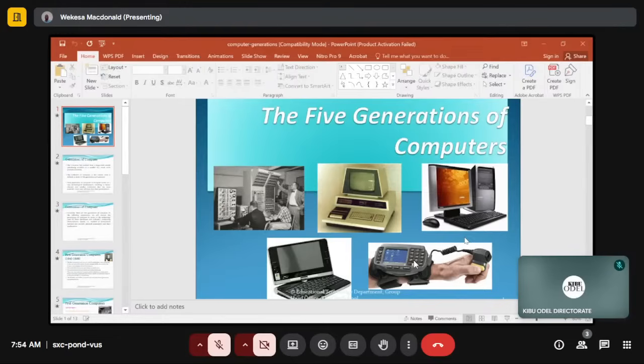This is the 21st century, and as a 21st century learner, you should know technology.